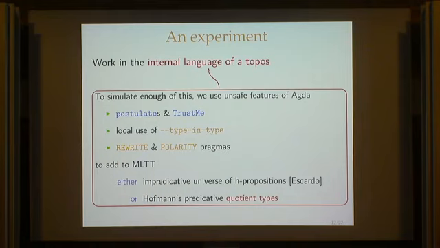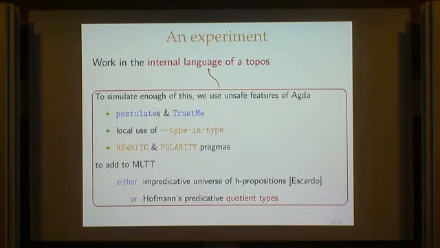Of course, arbitrary use of such things will very easily make the type checker not terminate. And that's probably the least of your problems, but it certainly is a problem. So you have to know what you're doing, I guess.